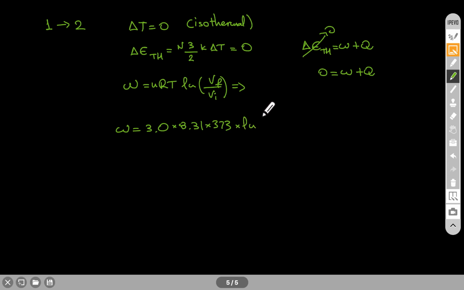Let me make a note. I know that V2 is V1 times 2. I don't remember the specific numbers, but I do remember that V2 is double V1. So V final is V2, which means V final over V initial is really V2 over V1.